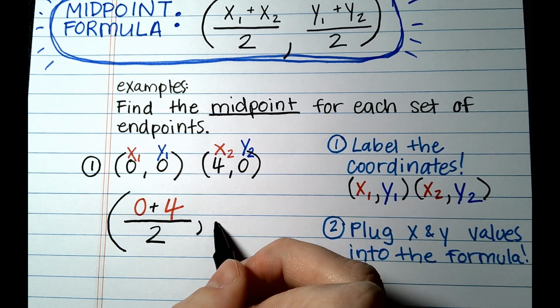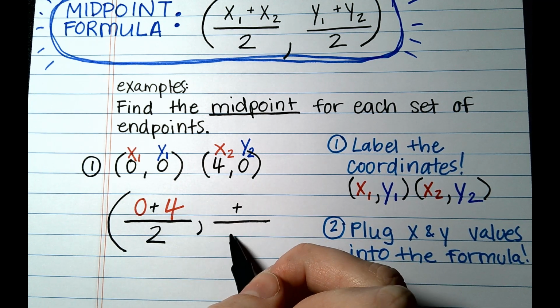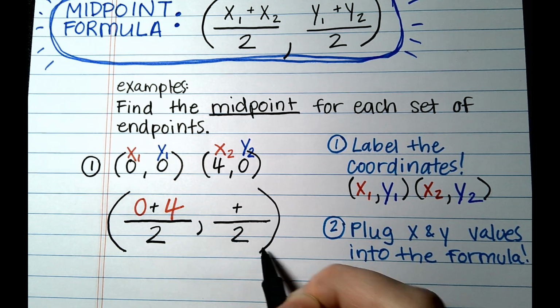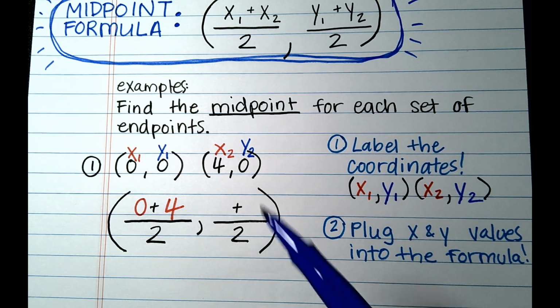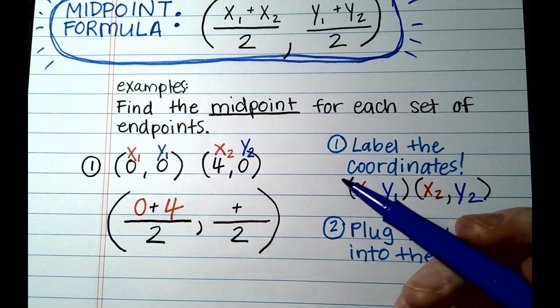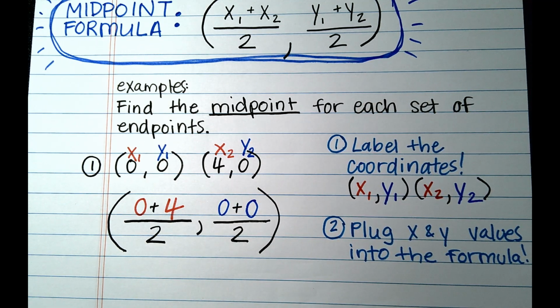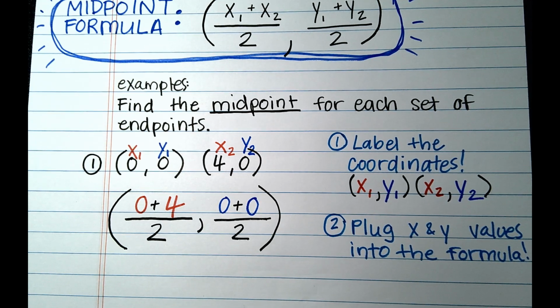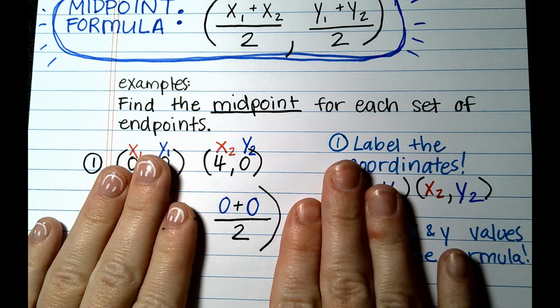And for the y values, it's the same thing. We need to add the numbers together, divide by 2. And we're using y's. y1 is 0, y2 is 0. It looks like a lot of numbers jumbled up, but remember, we're just doing one thing at a time.